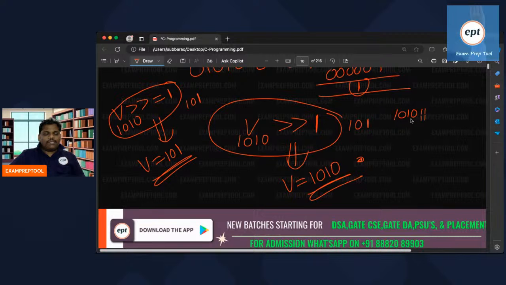It is a bitwise OR. Simply the OR operator. Can you help me now? How to write the relational OR operator? How to write the bitwise OR operator? Can anyone say the bitwise OR operator, relational OR operator? Make it fast.